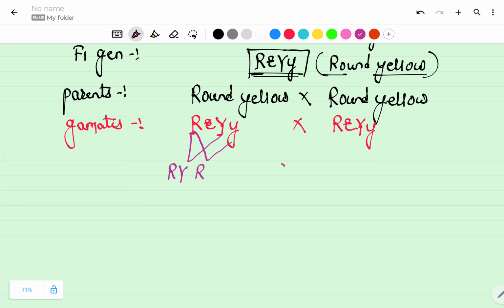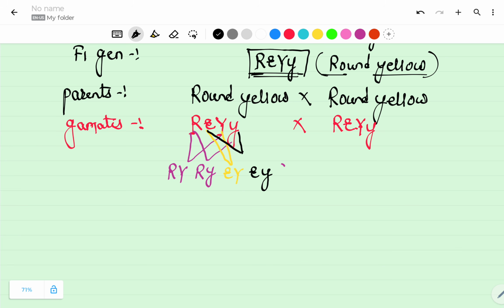The third pair is small r capital Y. And the fourth is small r small y.